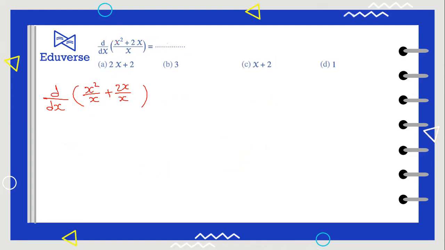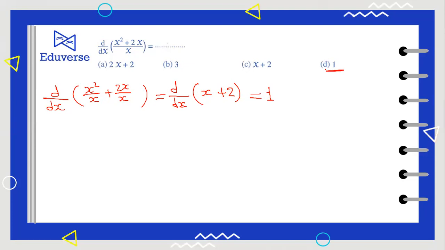Each term in the numerator I can divide by the denominator alone. d over dx, x squared over x will be x. 2x over x will be 2. Make a derivative here. Derivative of x is 1 and the derivative of 2 is 0. Then the derivative of all of this expression is 1.